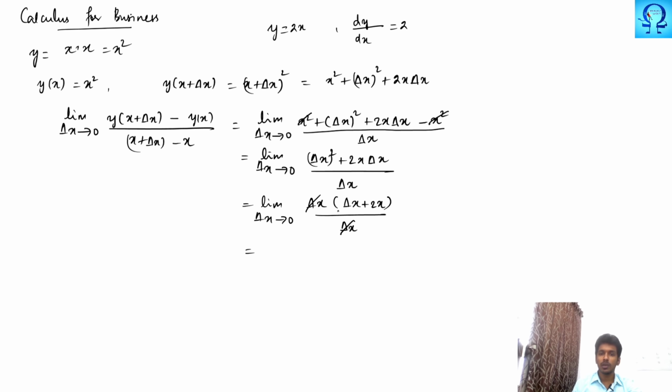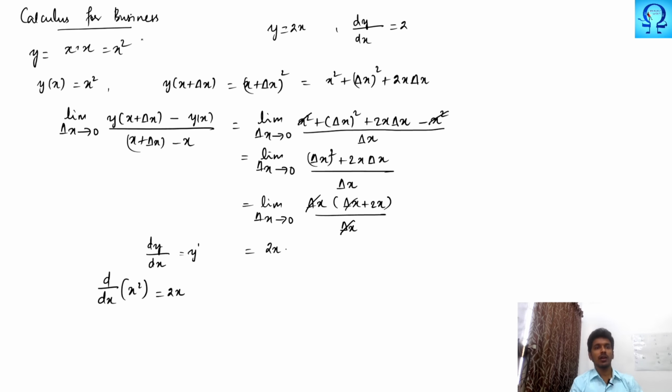So when you make this 0, you are left with 2x. Therefore, your dy upon dx, or simply y prime, is 2x. That is, the derivative of x square is 2x.